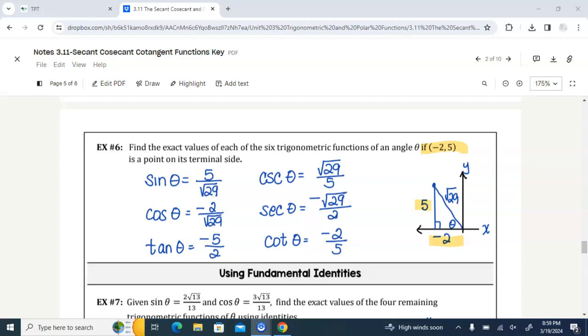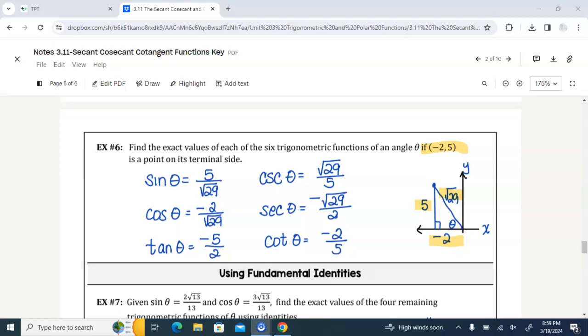From there, what I would have to do is use the Pythagorean theorem to find that hypotenuse, because to find all my trig ratios, I need my hypotenuse. Once I use the Pythagorean theorem and find that missing hypotenuse, I'm good to go.